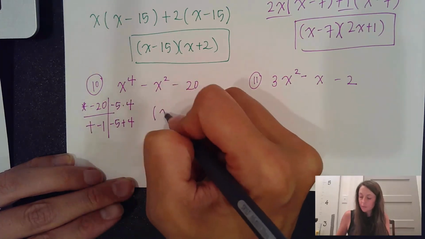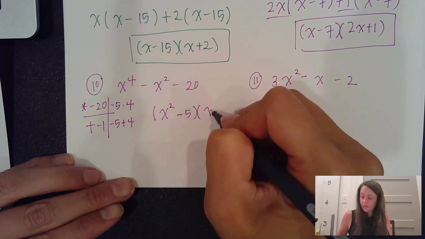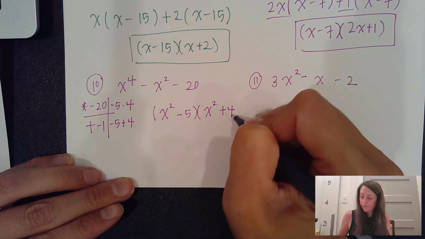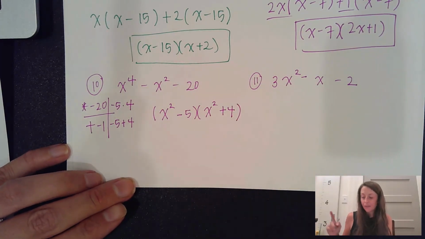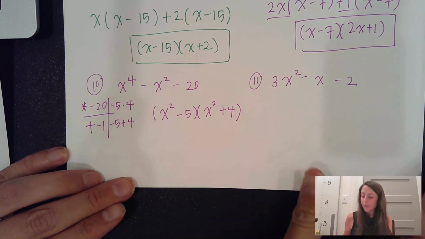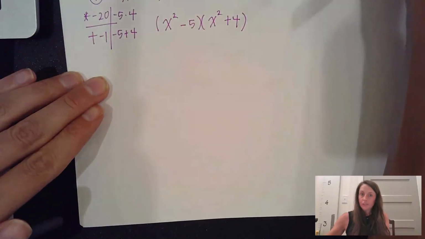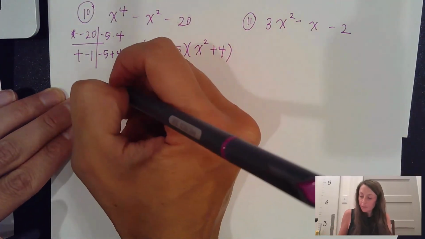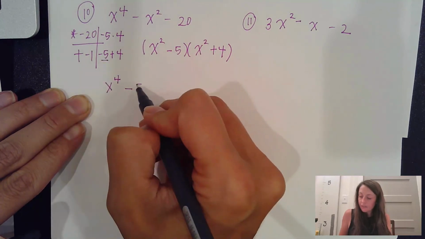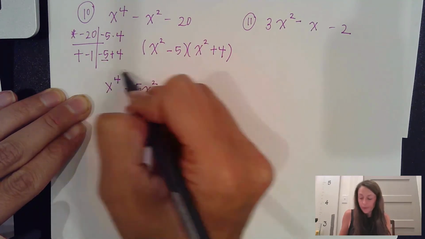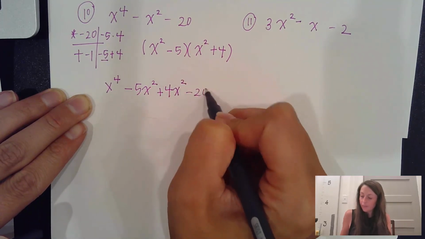So this will be x squared minus 5, right? And x squared plus 4, because there's no number on the front. Okay, but let's factor it by grouping, just so that we can check ourselves and make sure. So what we'll do is we'll say x to the 4th minus 5x squared plus 4x squared minus 20.